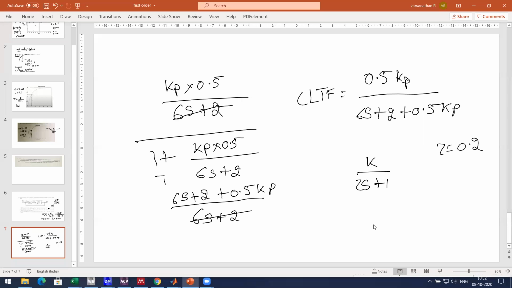Find out. How do you find this out? Bring this denominator into this form. Yes, sir. So the time constant is 0.2, equal to what should you write here? What is the equation for tau equal to 0.2?